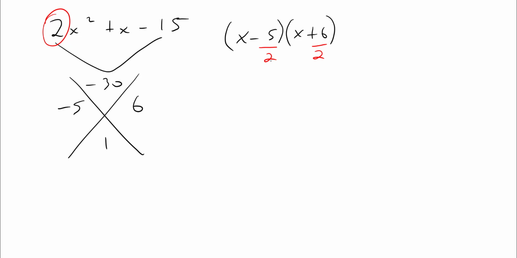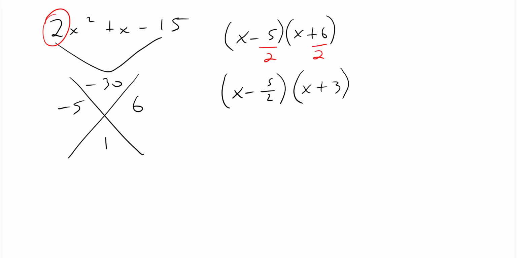If you wanted to try it, you can type in 5 ABC 2 equals, and then second ABC to get it as an improper fraction, and it would still stay 5/2. So I can't do anything with that. x minus 5/2, and this one 6 over 2 is 3.